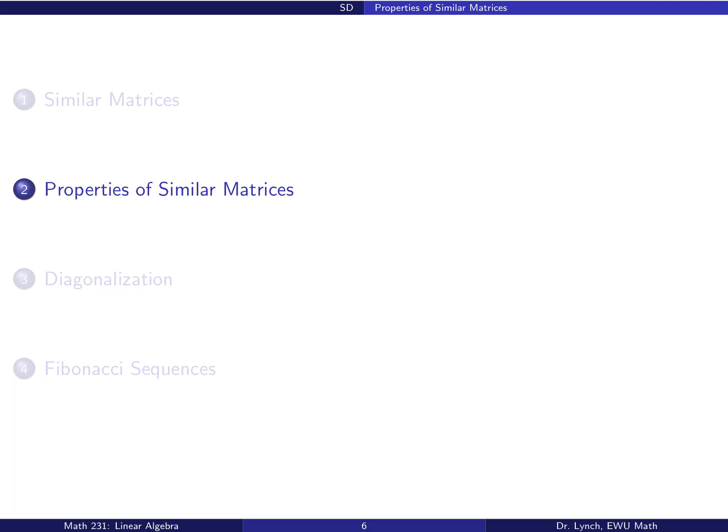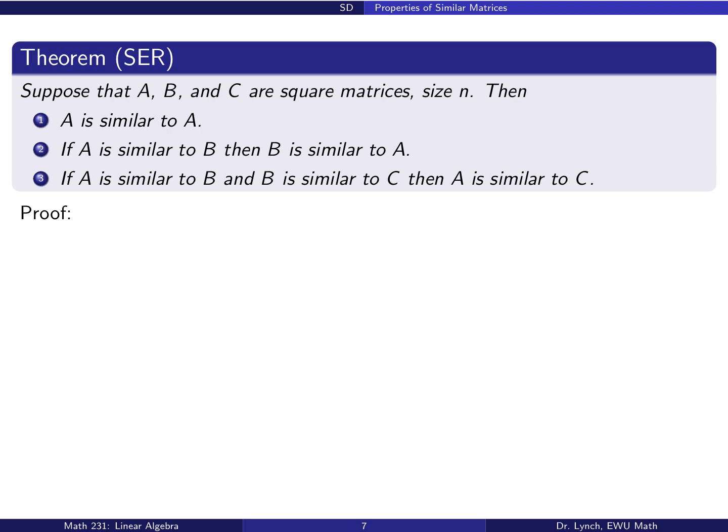Okay, so let's go ahead and check out properties of similar matrices. We'll start off with a theorem that shows that this property of similarity is what's called an equivalence relation. So the matrices aren't equal, but if A is similar to B, then B is similar to A. Of course, A is similar to itself.